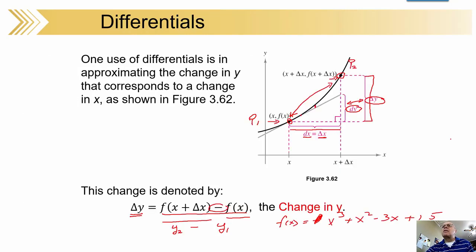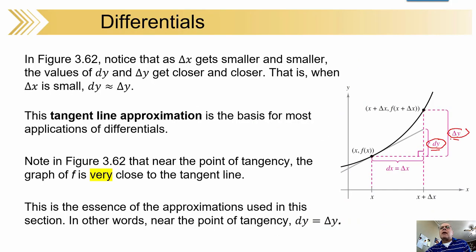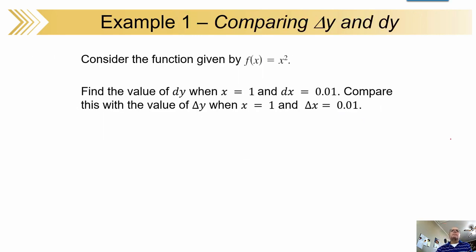If you look back here for a second, look at all you had to do to get the y sub 2 and the y sub 1. Sometimes that can be a little bit tedious, to say the least, even with the electronic calculators. But it can be simplified if you just go ahead and use dy instead. So here's a function. You've seen this many, many, many times.